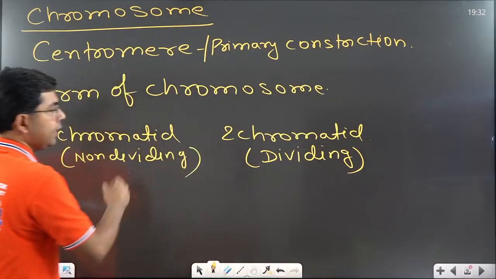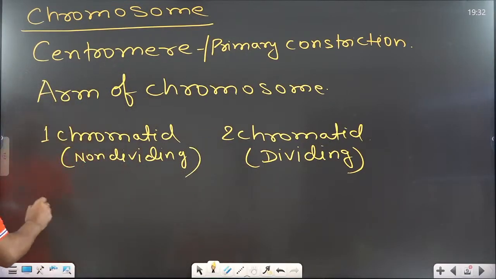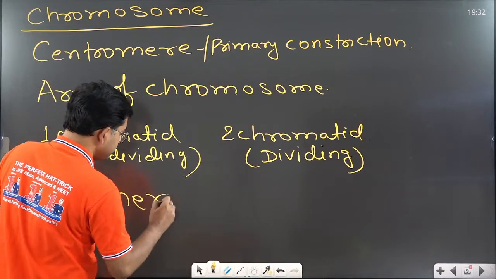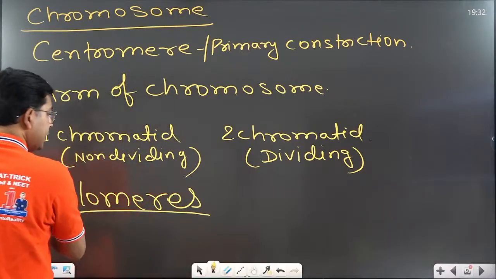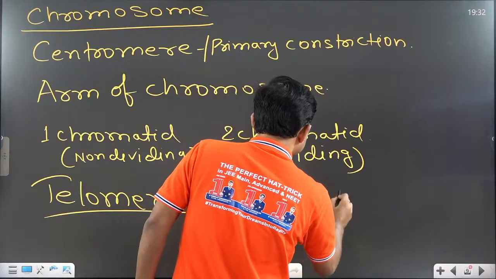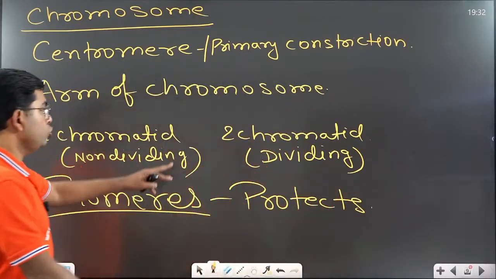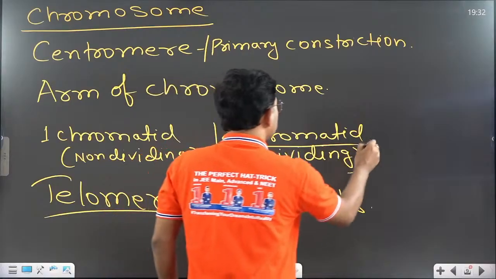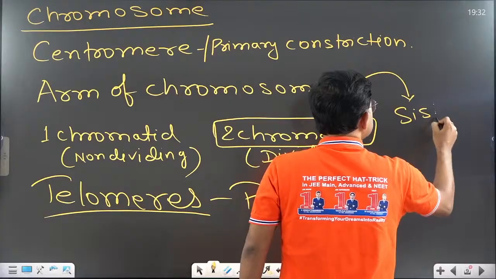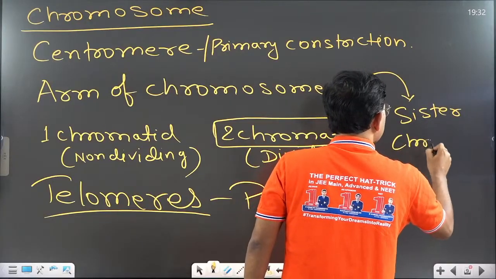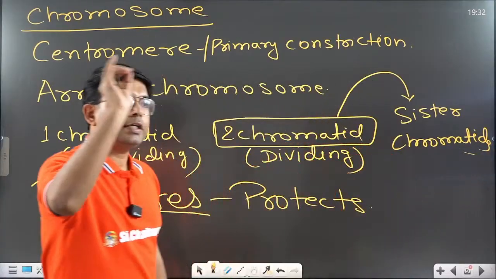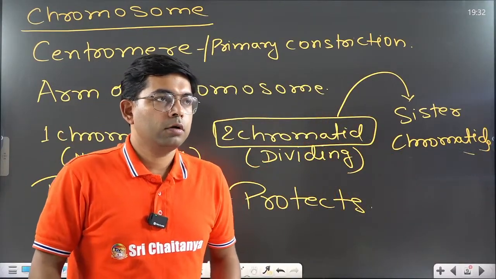Then the end of the chromosome has telomeres, right? So what do telomeres do? They protect, right? Now, 2 chromatids of the same chromosome are called sister chromatids. So is this point clear to all of you or not?